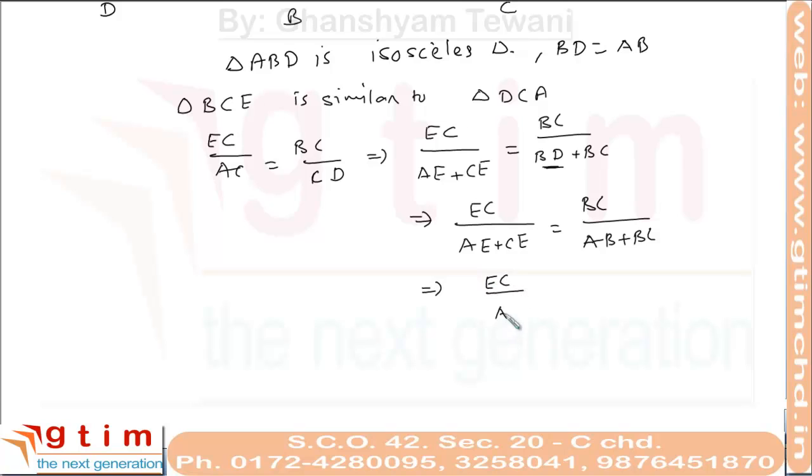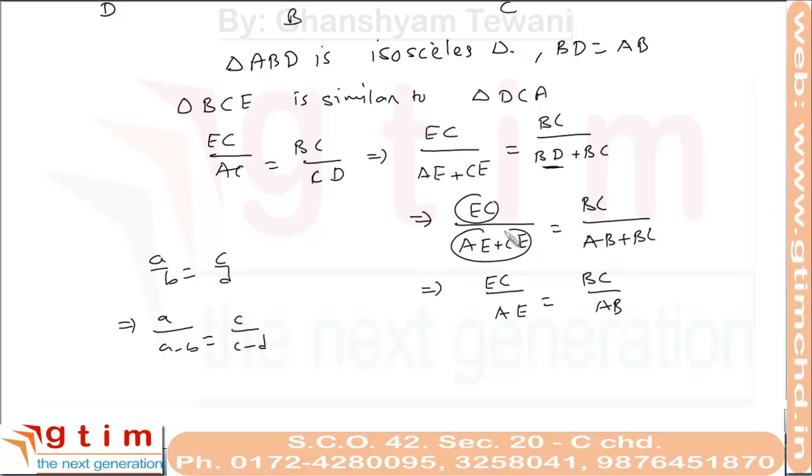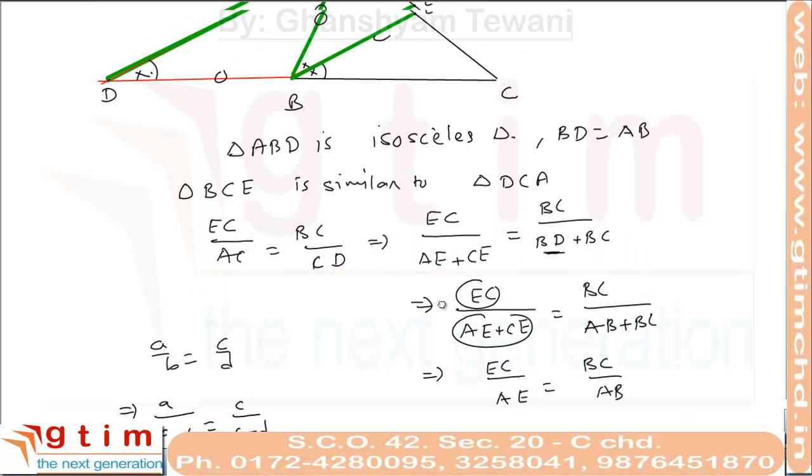Now using property of ratios, we have EC upon AE is equal to BC upon AB. We have this property, A upon B is equal to C upon D, then we can go for A upon A minus B is equal to C upon C minus D. So here we are subtracting numerator from denominator both sides. This is one of the properties of ratios.